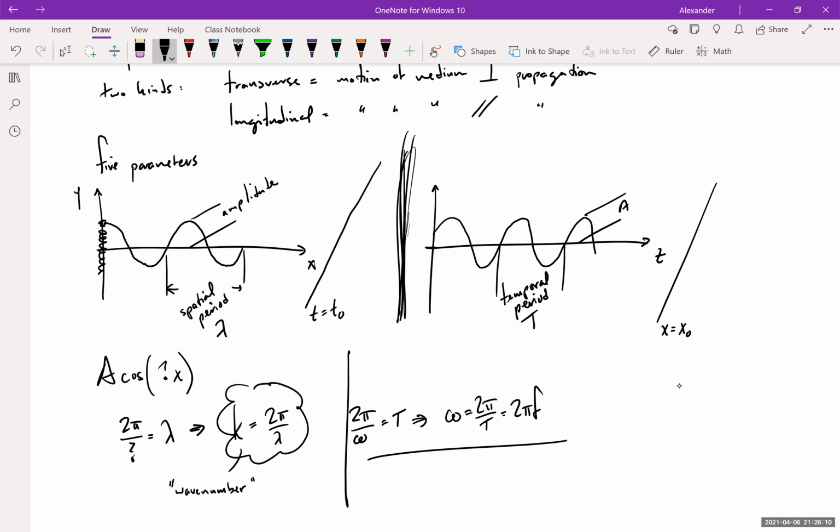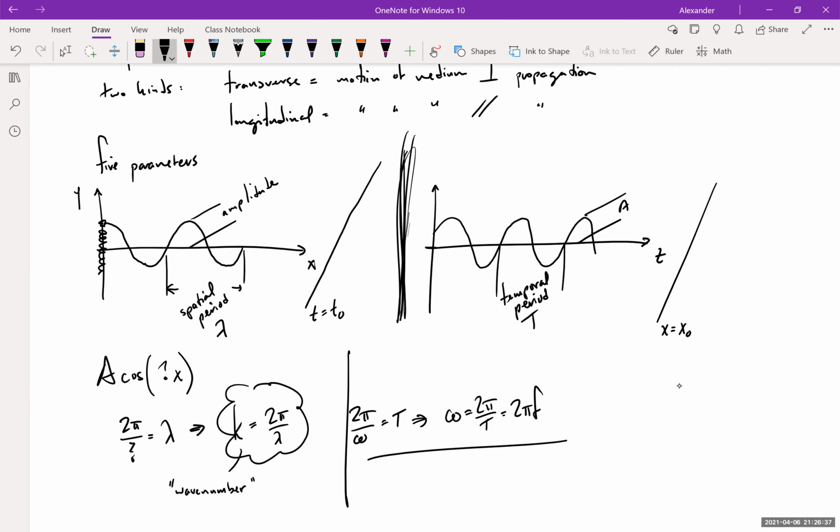We can talk about omega now, and we can talk about the angular frequency, the straight up frequency, cycles per second. Angular frequency, what would you call it? Frequency, I suppose.